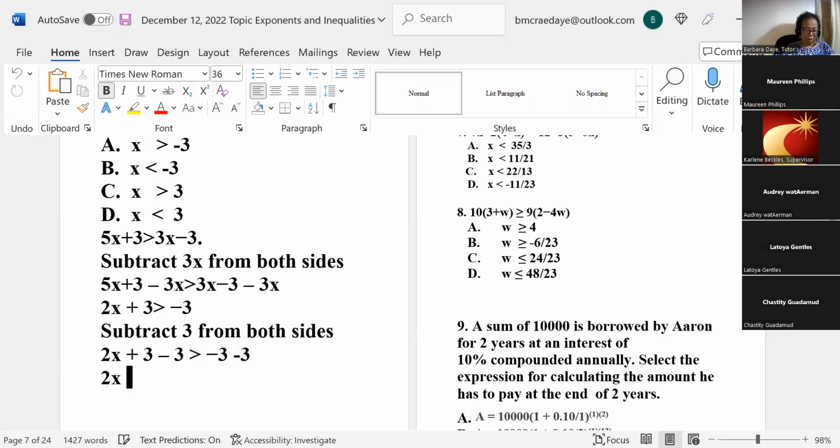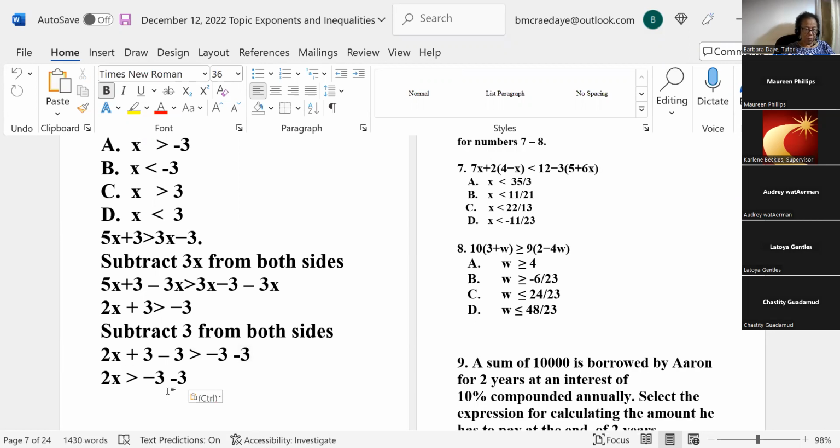Negative 3. What's a minus 3 and a minus 3? No, a minus 3 and a plus 3 is 0. Oh, it's minus 3. Okay. This is a minus 3 and a minus 3. Let me just put it here so they look alike. A minus 3 and a minus 3.